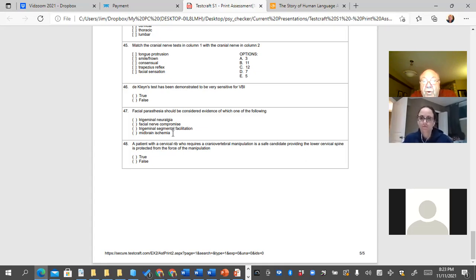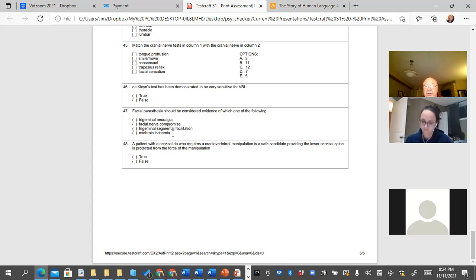So of all those four things, the one thing that you're going to bugger the patient up with is midbrain ischemia. You can't do any more damage to trigeminal neuralgia. Same with facial nerve compromise. Segmental facilitation you can do something about. But midbrain ischemia, you're running the risk of doing some serious damage to them. So that's the one you go for, because it needs more investigation.